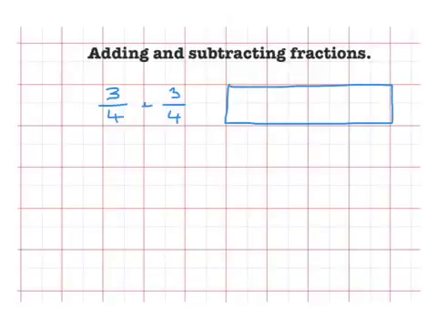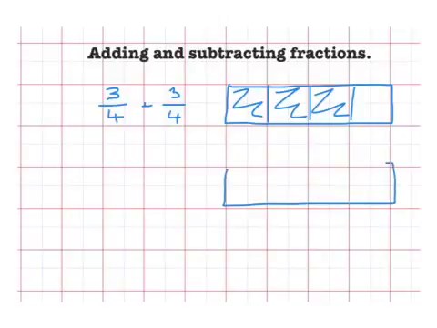Take our rectangle, divide it into quarters, that's 4 equal sized pieces. We shade in 1, 2, 3, that's our first 3/4. Underneath, we can draw another rectangle, again divided into quarters, 1, 2, 3.